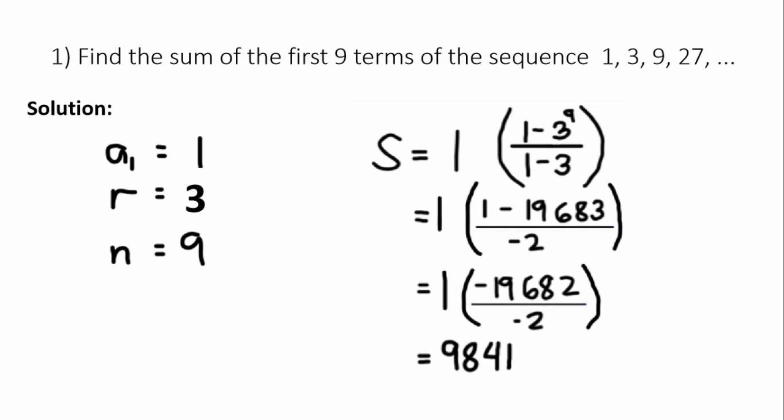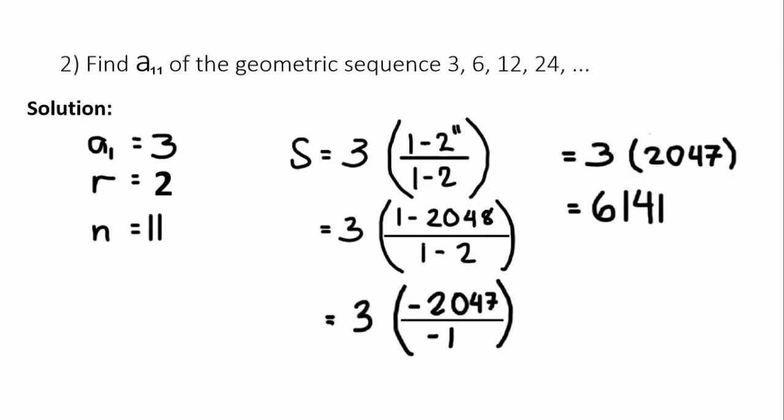S equals 1 times 1 minus 3 raised to 9 over 1 minus 3, equals 1 times 1 minus 19,683 over negative 2, equals 1 times negative 19,682 over negative 2. The final answer is 9,841.